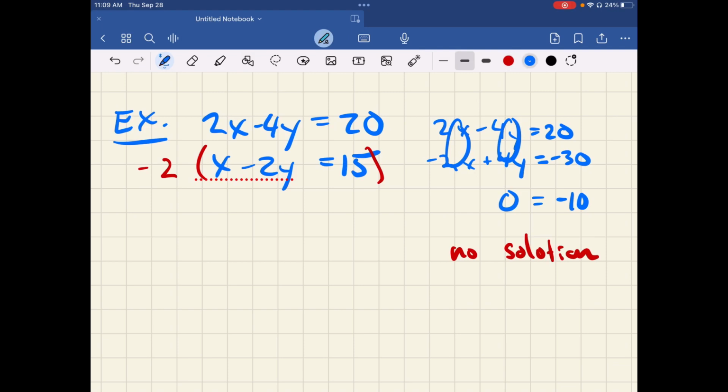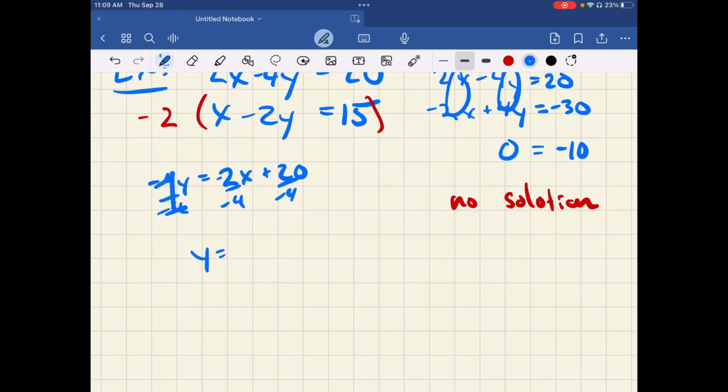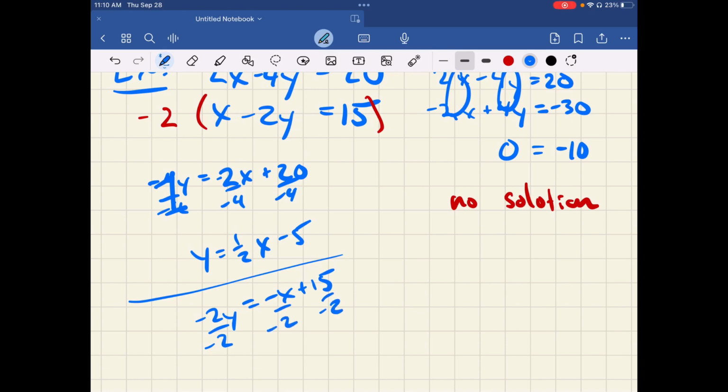So if I were to take the first one, let's go ahead and solve for y. So I got minus 4y equals negative 2x plus 20 divided by negative 4 to each side. I have y equals 1/2 x minus 5 for my first equation. On the second one, I have minus 2y equals negative x plus 15 divided by negative 2.